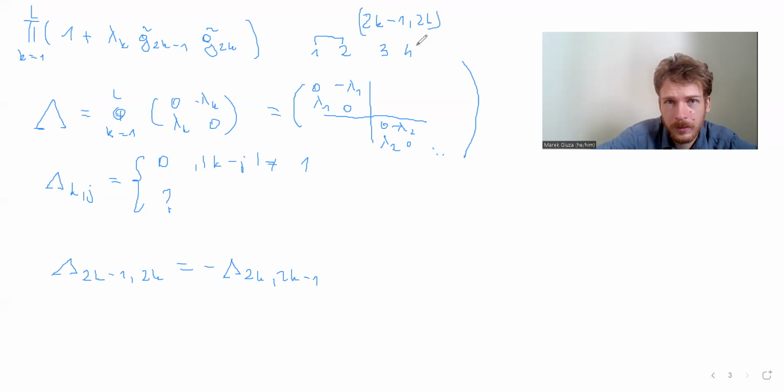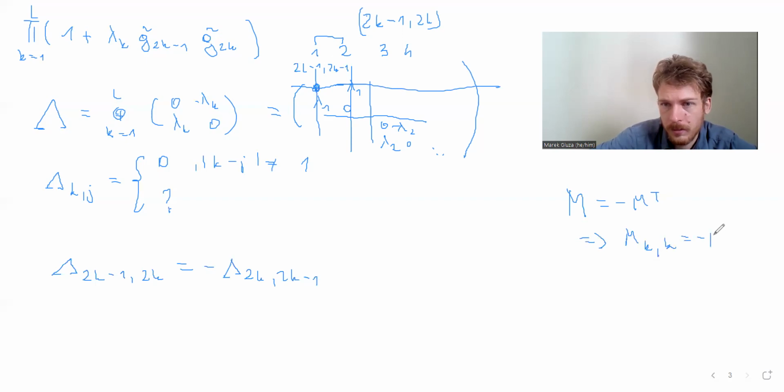Because 2k minus 1, 2k will tell me take the odd row here and take the next, don't take the diagonal. This would be 2k minus 1, 2k minus 1. Don't take the diagonal because this is 0. For an antisymmetric matrix, the diagonal has to be 0. Okay, so the diagonal is always 0.